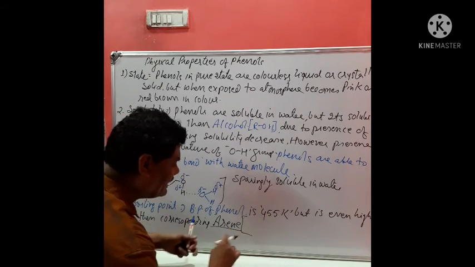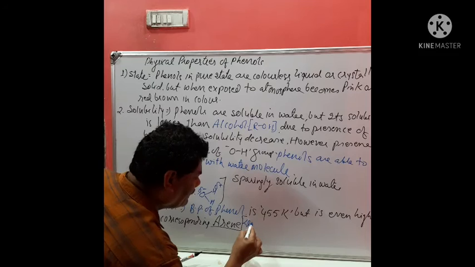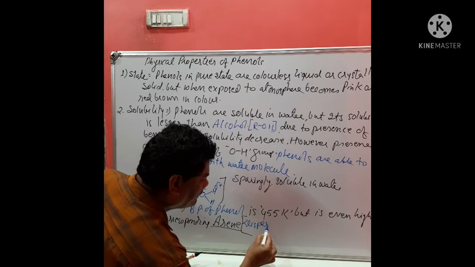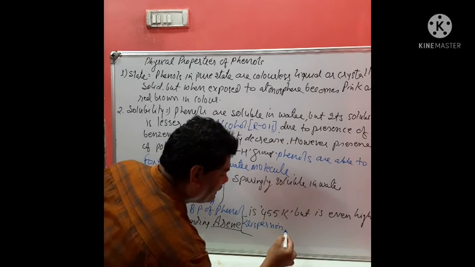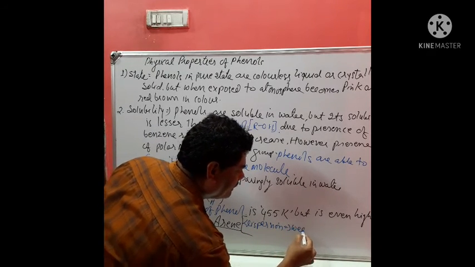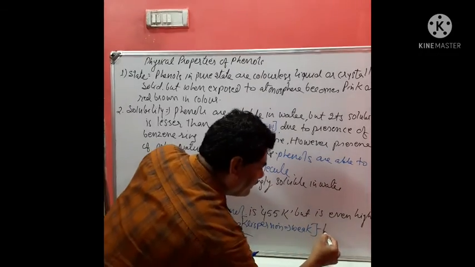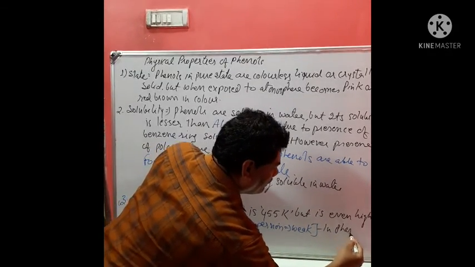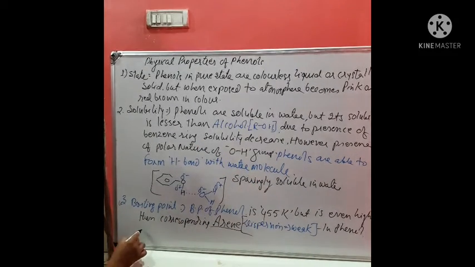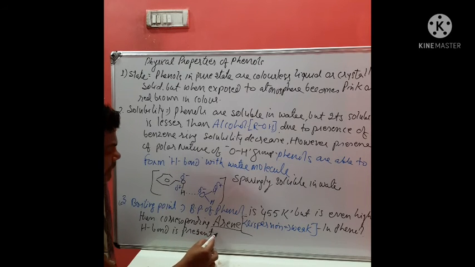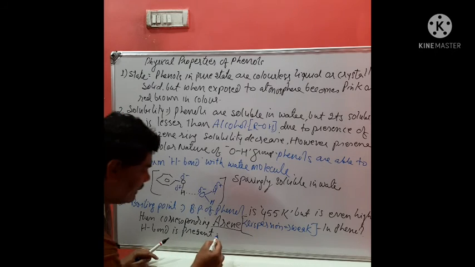So, in arenes there is only dispersion force, and the dispersion force is weak in nature. Okay. And in phenol, hydrogen bond is present. Therefore, due to the presence of hydrogen bond, its boiling point is higher.